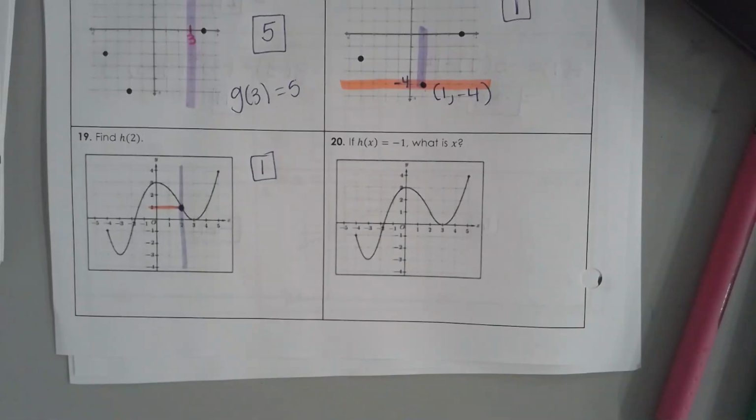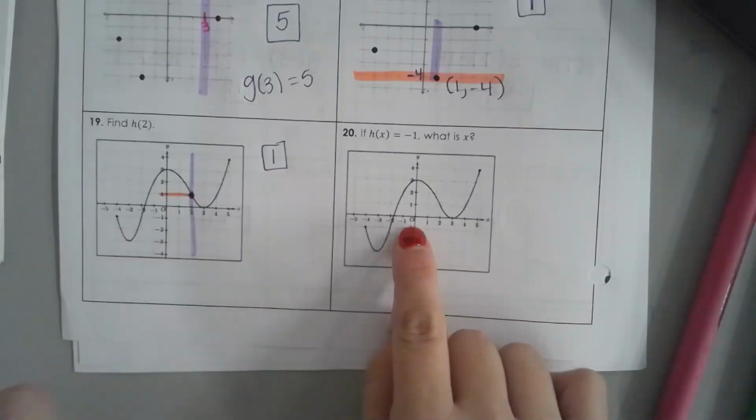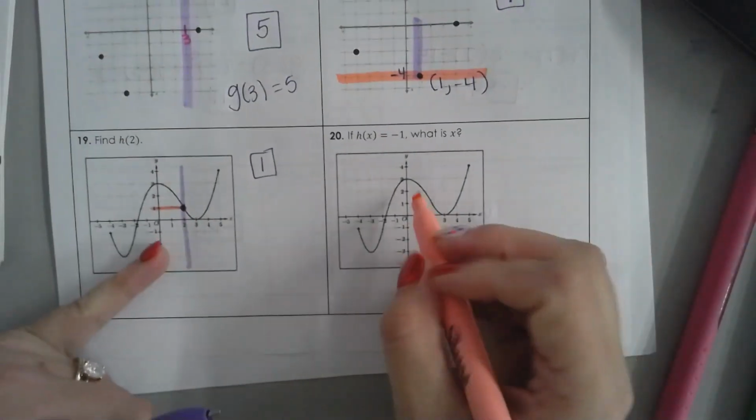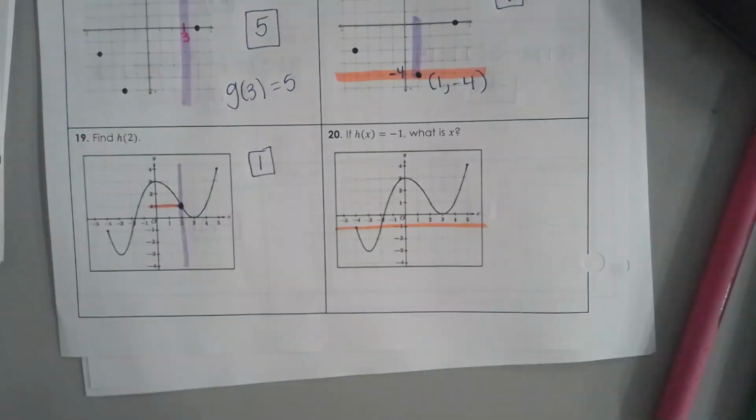All right, 20. If h of x equals negative 1, is negative 1 your x or your y? Your y. So you're going to go on the y-axis. We're at negative 1. That's right here. Look, there's 2 of them.